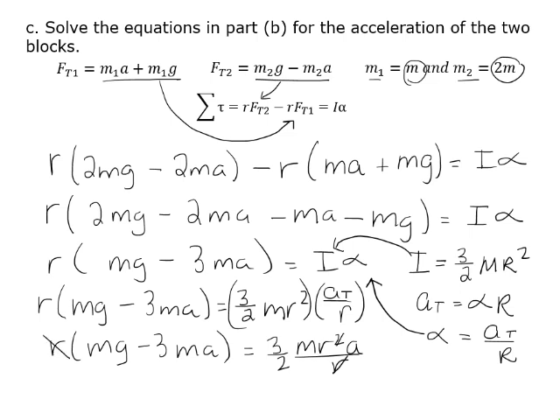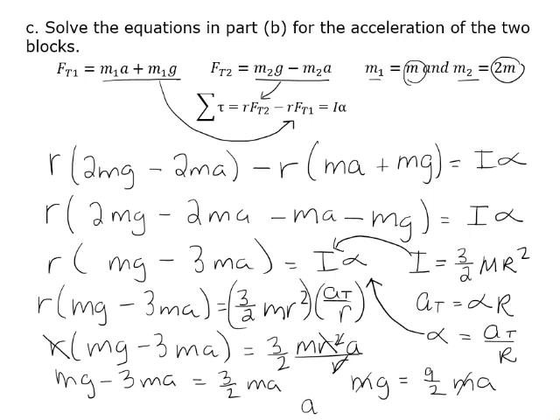Now I'm at mg minus 3ma is equal to 3/2 ma, and I can combine like terms to give me mg is equal to 9/2 ma. At this point, both masses cancel out, and I find that my acceleration is equal to 2/9 of gravity.